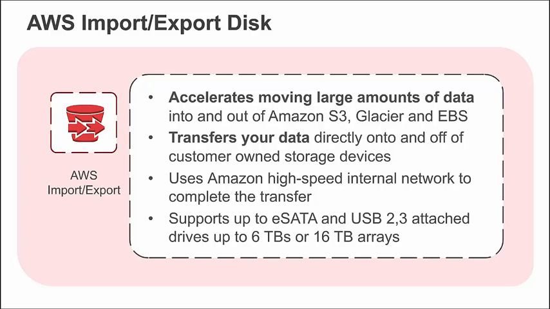So the original import-export service is now several years old, and we recently renamed it Import-Export Disk. It accelerates moving large amounts of data in and out of AWS using customer-owned portable storage devices for transport. AWS Import-Export enables you to move data in and out of AWS S3 buckets, Amazon Glacier, and Amazon EBS.